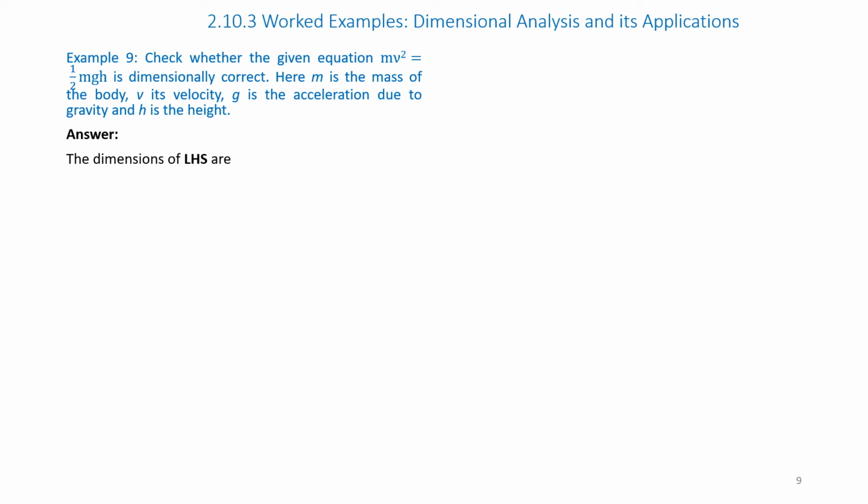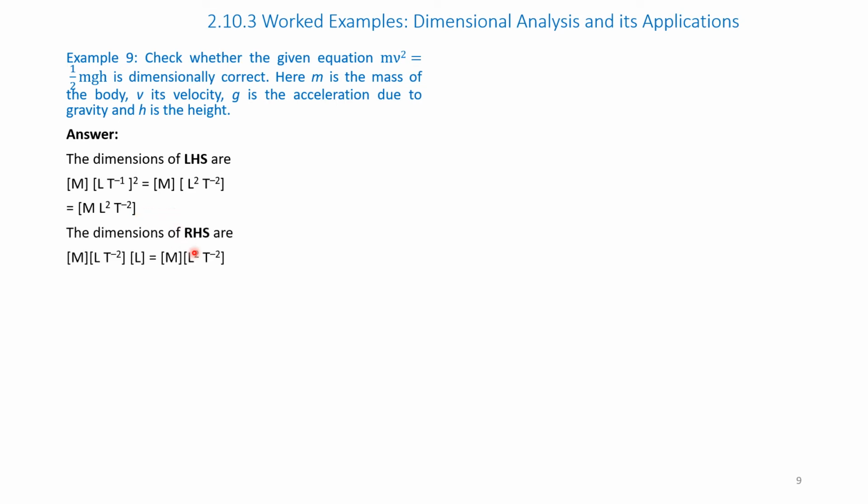Answer: the dimensions of the left hand side, that is mv square, are M times (LT⁻¹) whole square, where M is the mass and LT⁻¹ is the dimension of velocity. Simplifying, we get M L² T⁻².